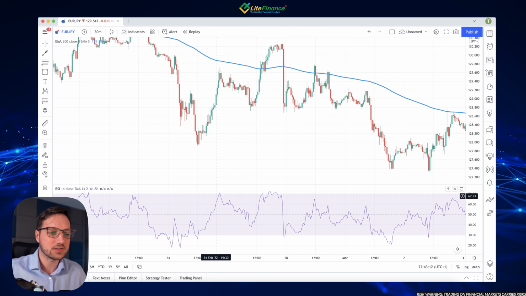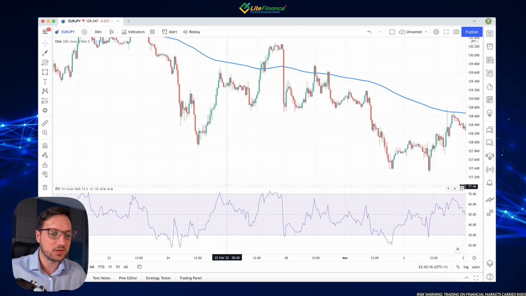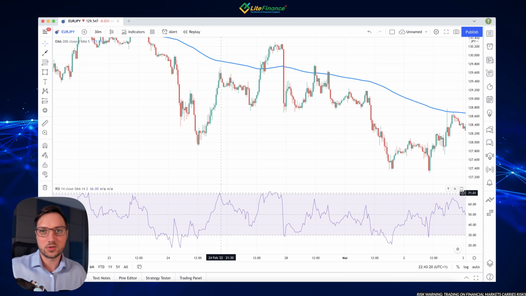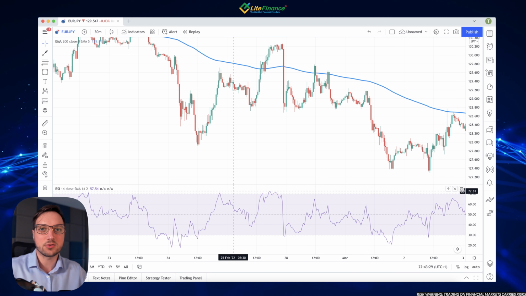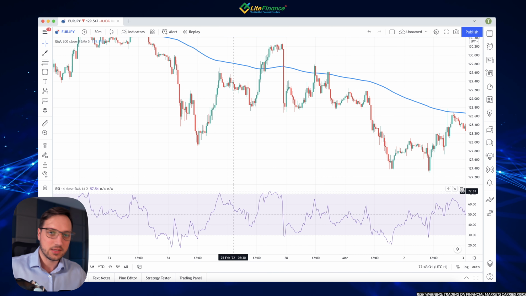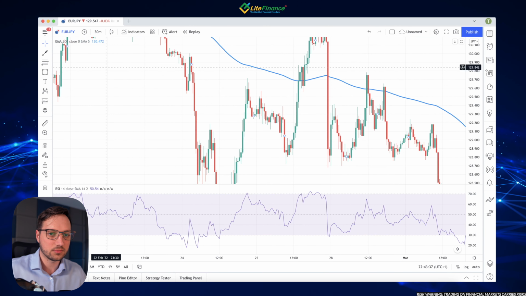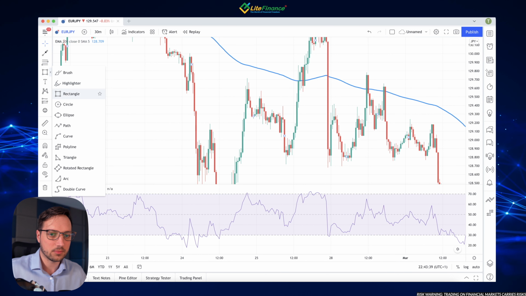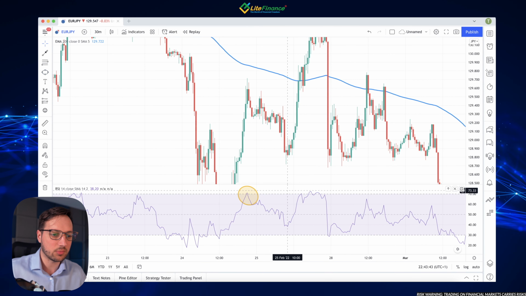And it did, for example, over here. We had this short moment when the price went into the overbought zone, which means it made a correction, it lost its corrective move momentum, and therefore the trend most likely will continue, right? So now let's go to that moment. Let's mark it so you know what we are talking about.